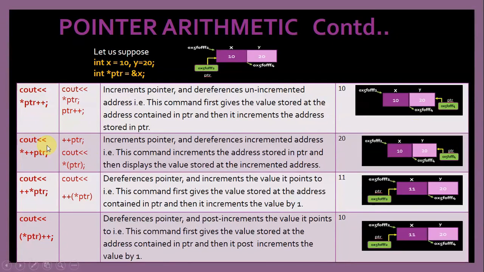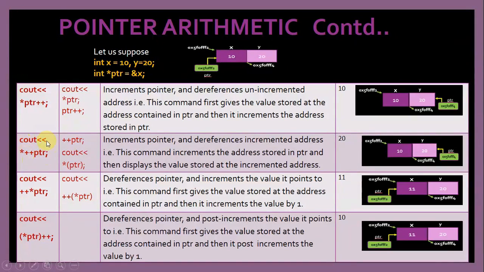Now if the command is cout star plus plus ptr, then what will happen? In this case, first the pointer is incremented and then the dereference operator takes place. So you can see this command increments pointer and dereferences incremented address. That is, this command increments the address stored in ptr first and then displays the value stored at the incremented address. So suppose this is my diagram, the initial position where ptr is pointing to x.